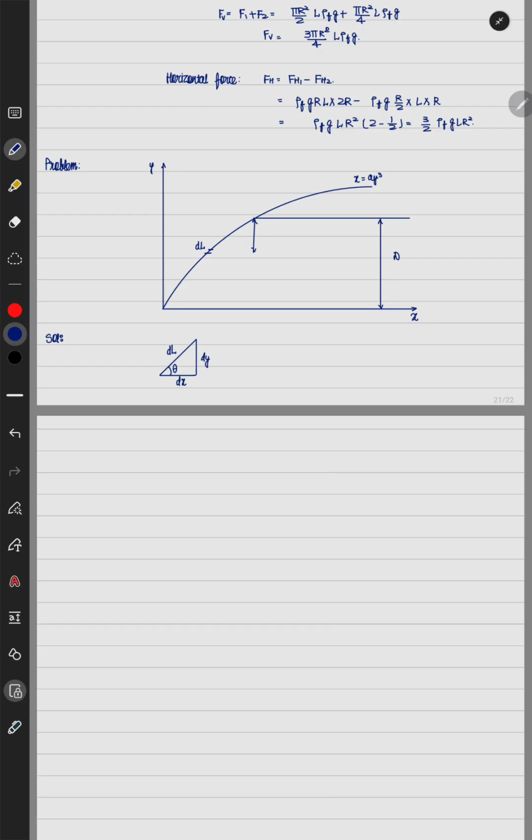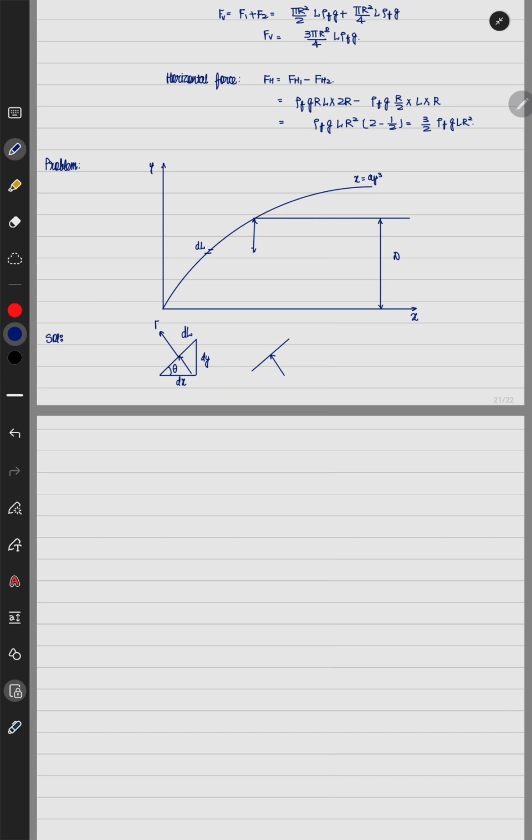Now what I want to say is force is also acting in this direction. Force is acting in this direction and it is normal to dl. Now let me write dl a little bit here. If I extend this surface, this is the direction of force.